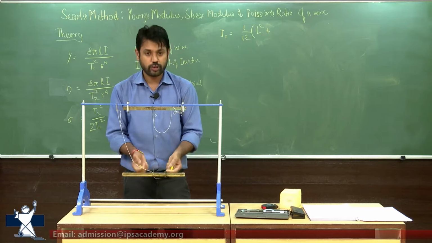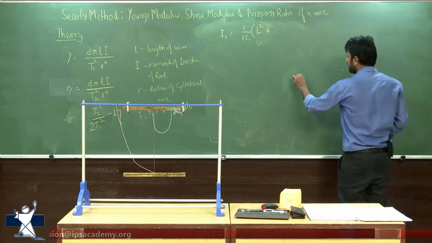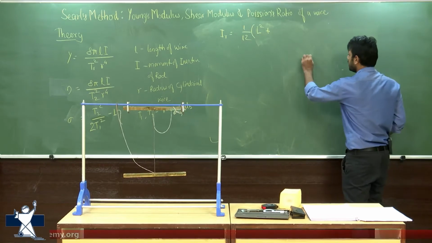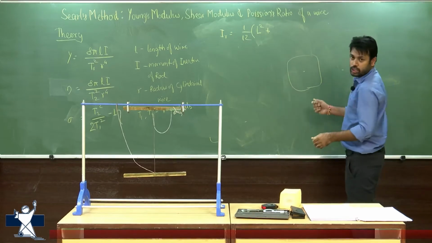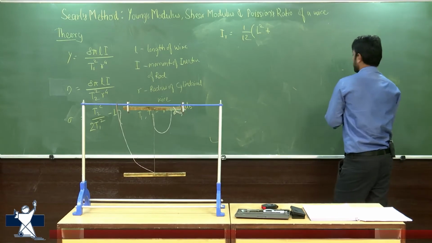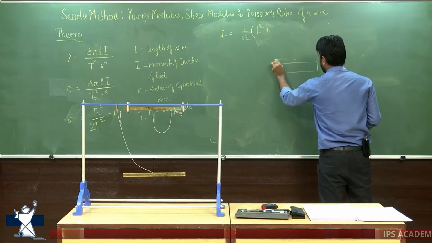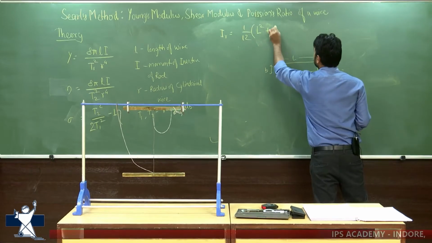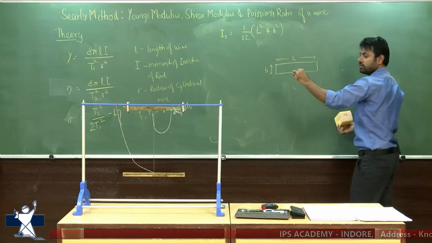Okay, so what we do is we choose the surface area perpendicular to the axis of rotation. So let's say your axis of rotation is coming out of the board, then you need to consider this area, which in our case is this length of rod and breadth of rod. So this length L and breadth B should be considered, because the rod is rotating about this axis coming out of the board.